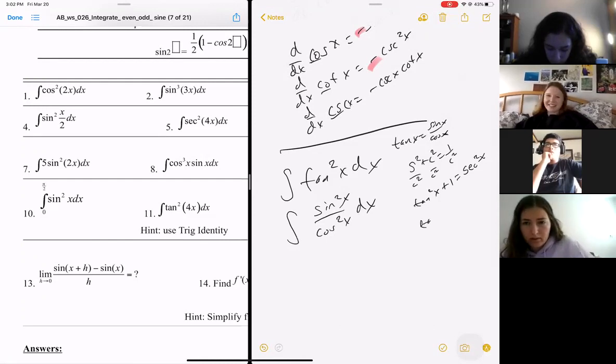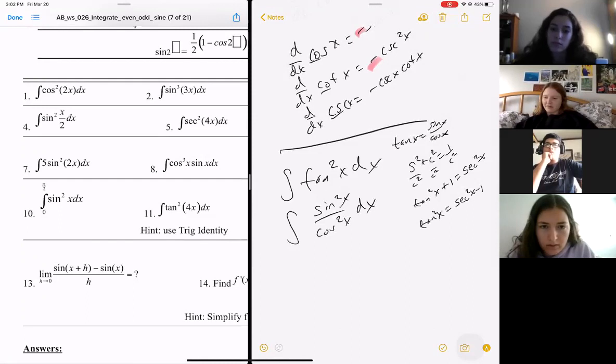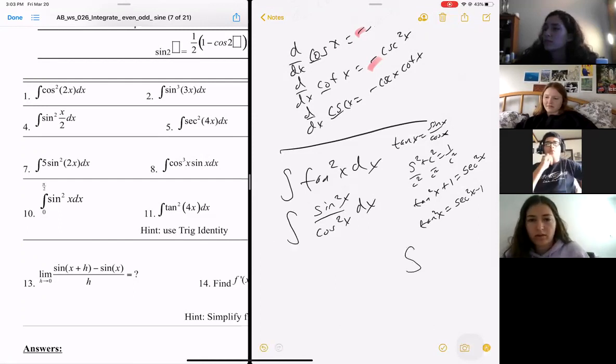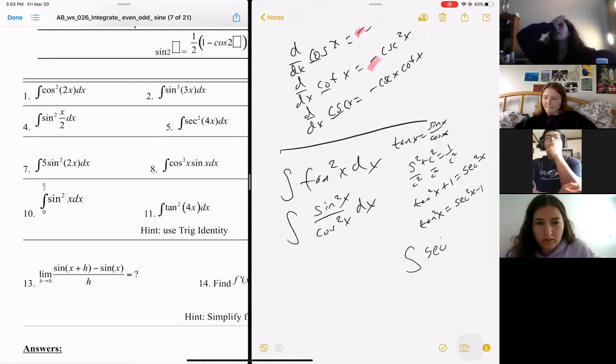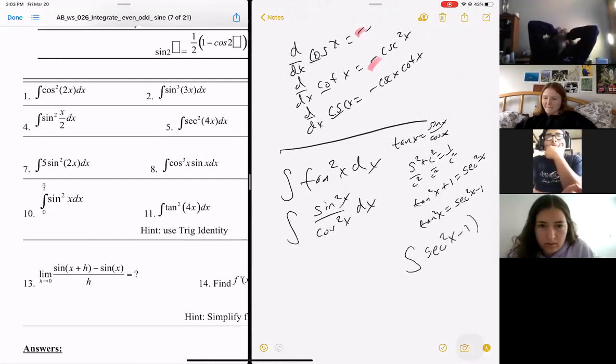So tangent squared x is equal to secant squared x minus 1. Maybe instead of using this, I want to try something a little different. Maybe I'll try the integral of tangent squared, which is secant squared x minus 1.